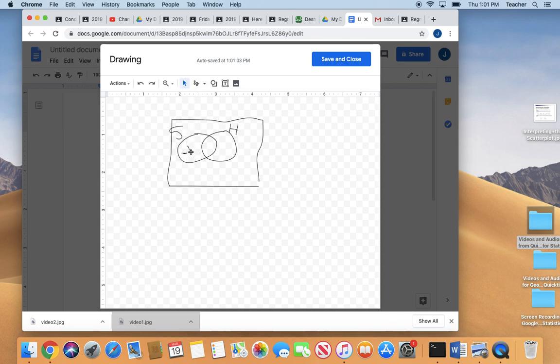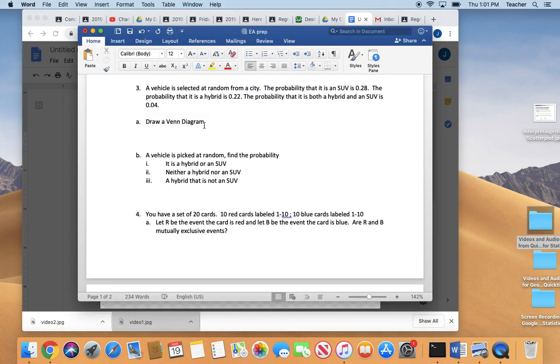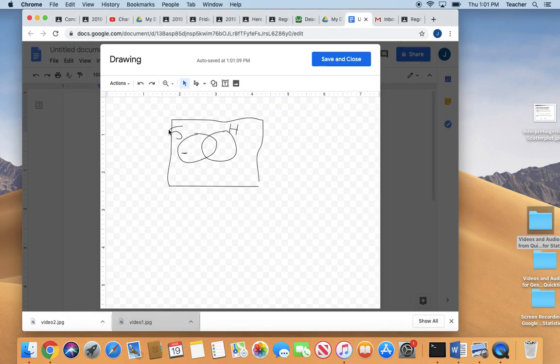It says the probability of both is 0.04. The probability that it's both a hybrid and an SUV is 0.04. Most of you know in your Venn diagram that goes right in the center. So in the center, I would have 0.04.